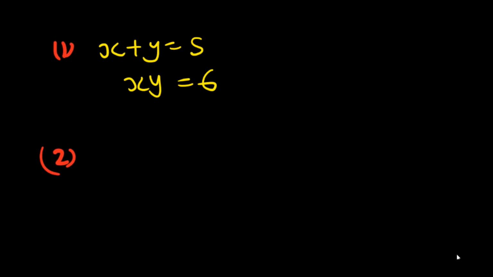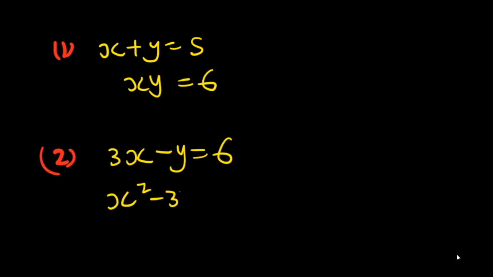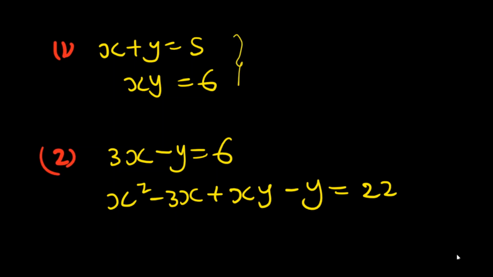And number 2, try out this one, which is 3x minus y is equal to 6, and x squared minus 3x plus xy minus y is equal to 22. Please try out these two problems, this one here and this one here.